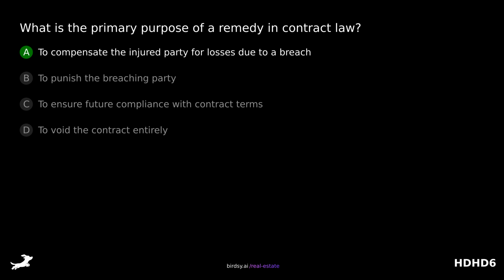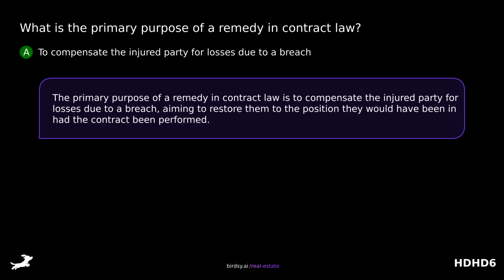The answer is A, to compensate the injured party for losses due to a breach. The primary purpose of a remedy in contract law is to compensate the injured party for losses due to a breach, aiming to restore them to the position they would have been in had the contract been performed.